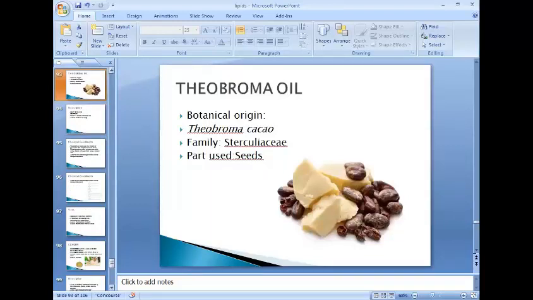So theobroma oil is obtained from Theobroma cacao and it belongs to the family Sterculiaceae, and the part which is used for its oil extraction includes seeds.